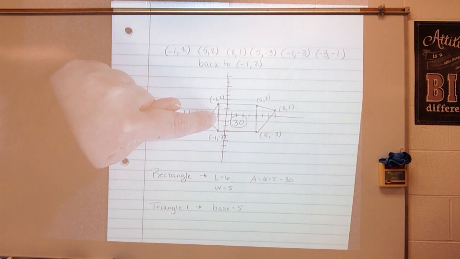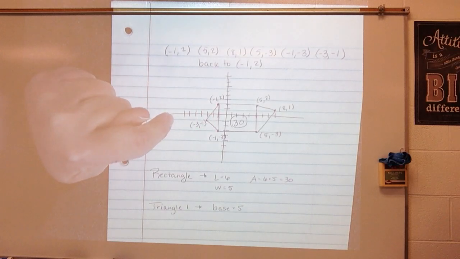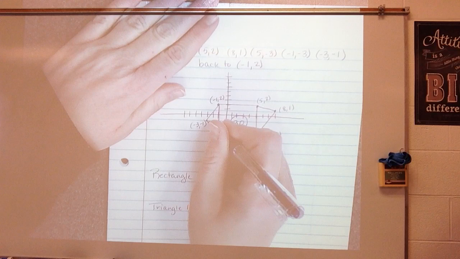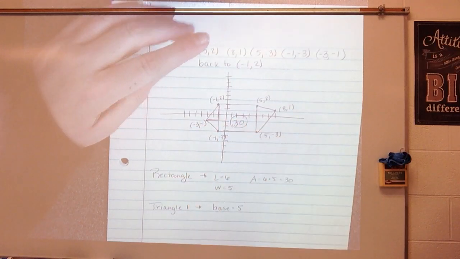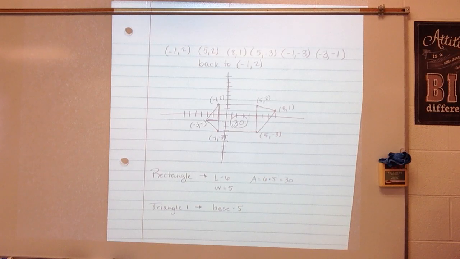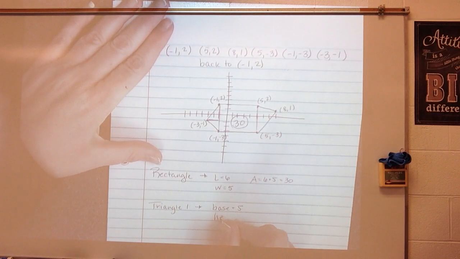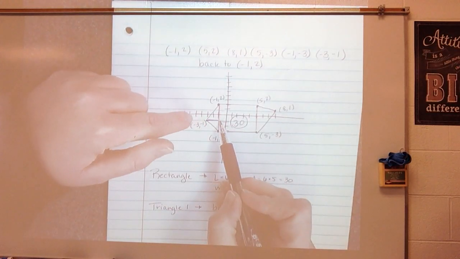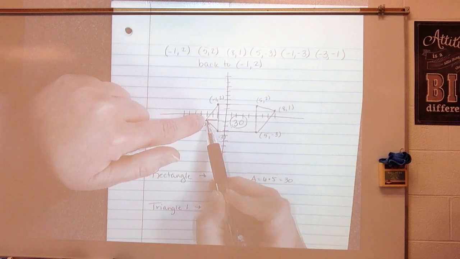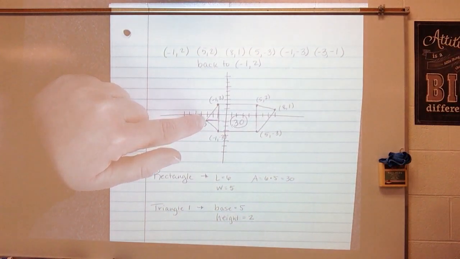Now, let's figure out the height. The height would be here, going from -1 to -3, so the height is 2.